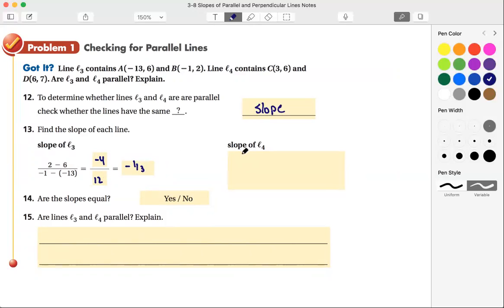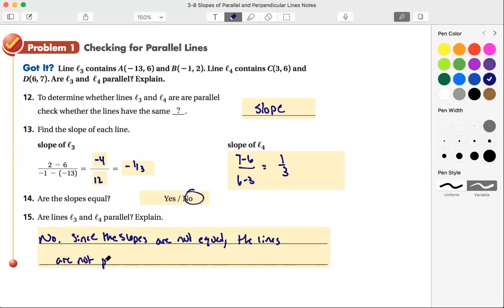Slope of L4: 7 minus 6 over 6 minus 3, which equals 1 over 3. Are these exactly the same slope? No. Are they parallel? No. Since the slopes are not equal, the lines are not parallel.